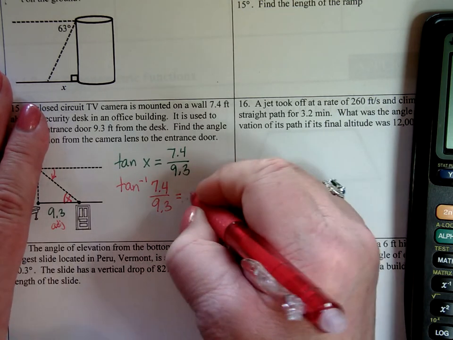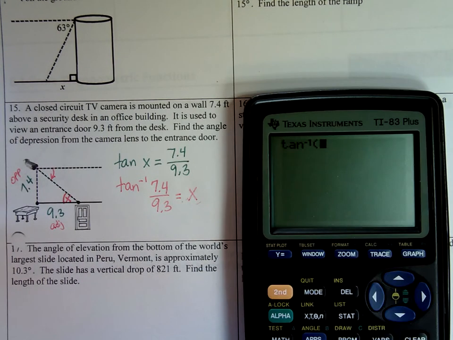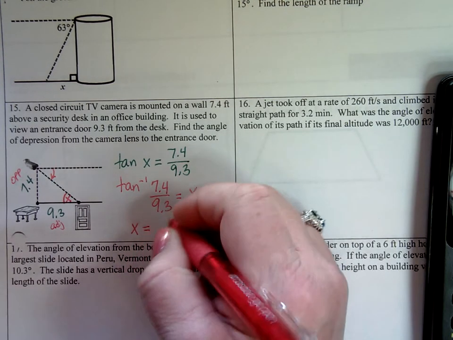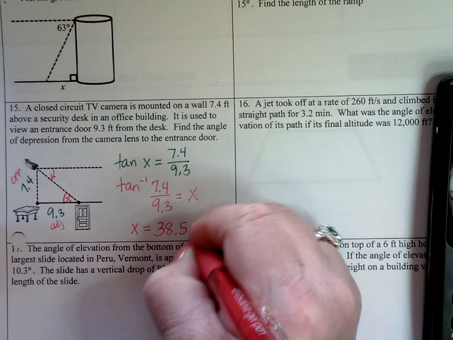So when I'm putting it in the calculator, I'm putting in literally 7.4 divided by 9.3, and it tells me exactly what the angle is. It should be 38.509 degrees. That's that angle of depression.